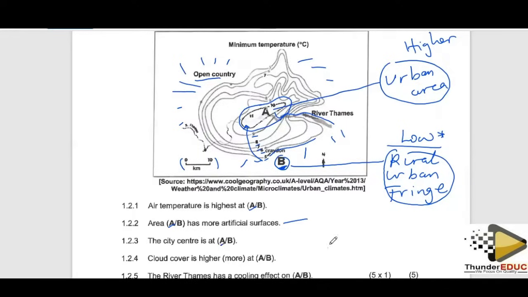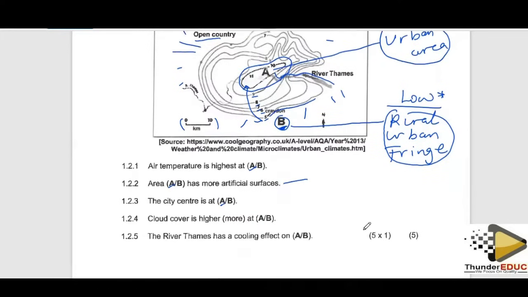All right. 1.2.4, cloud cover is higher or more at point A or point B. So as well, when they say cloud cover, they are referring to the rate of condensation, which is going to be at point A, because we know that at point A, due to many factors, there will be a lot of convection currents, which is going to result in more condensation taking place, giving us dense clouds or overcast clouds.